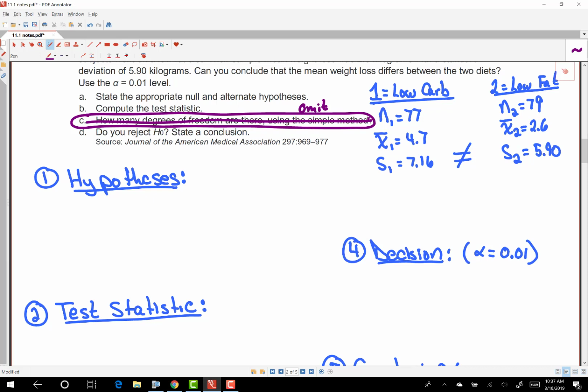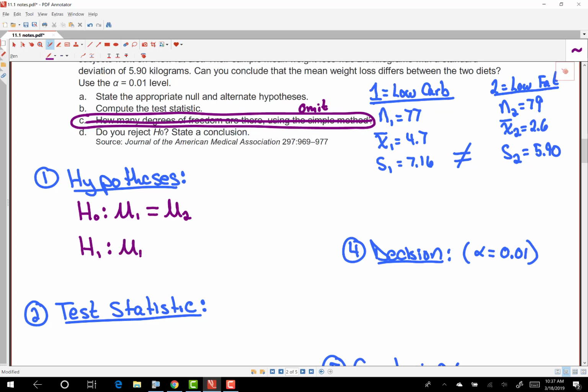Okay, so for the hypotheses, our null hypothesis is always that there is no difference. So mu1 is equal to mu2. That's going to be your null hypothesis always when you're comparing two means, two independent means. And then H1, that comes from the problem. The problem says, does the weight loss differ?